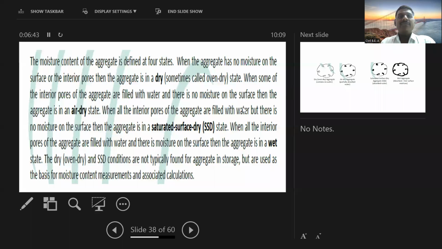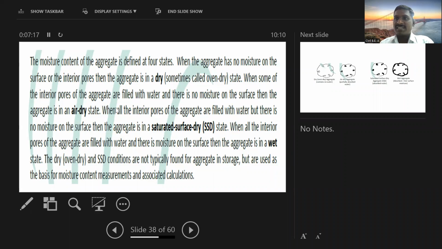Then when some interior pores of the aggregate are filled with water and there is no moisture on the surface of the aggregate, it is in the air dry state. So the first is the dry state, meaning no moisture. The second is where the holes in the aggregate are filled by water. That condition we call the air dry state.